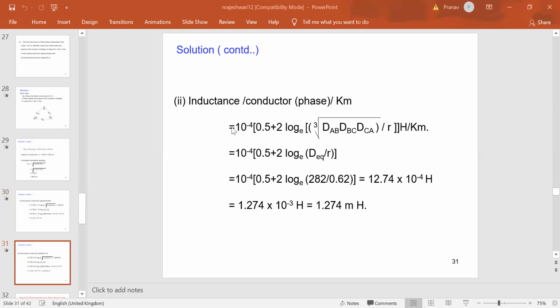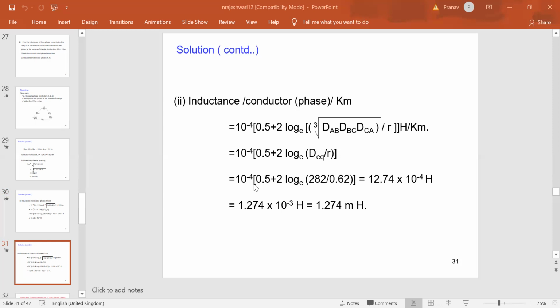And coming to the inductance per conductor per kilometer, it will be given by 10^-4 × (0.5 + 2 log(cube root of (DAB · DBC · DCA) / r)) Henry per kilometer, which is equal to 10^-4 × (0.5 + 2 log(D equivalent / r)).